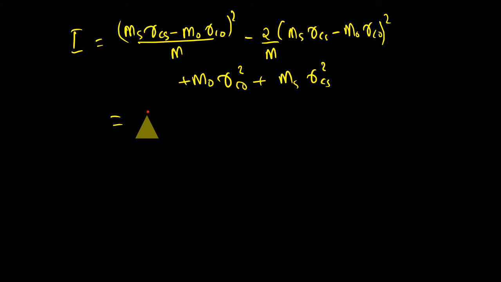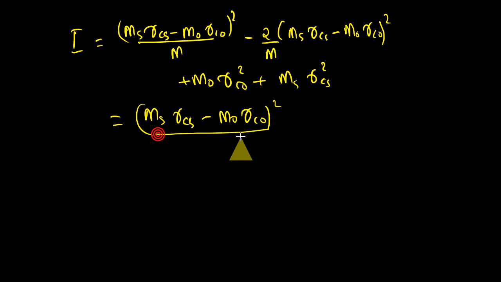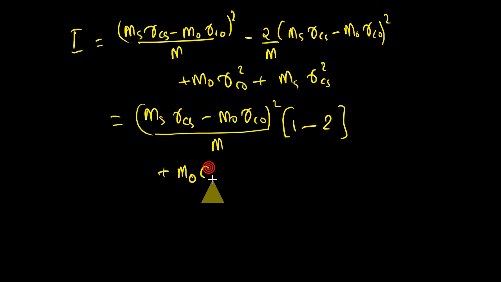So this is equal to M_S R_CS minus M_O R_CO the whole square divided by M into 1 minus 2, right, plus M_O R_CO square plus M_S R_CS square.